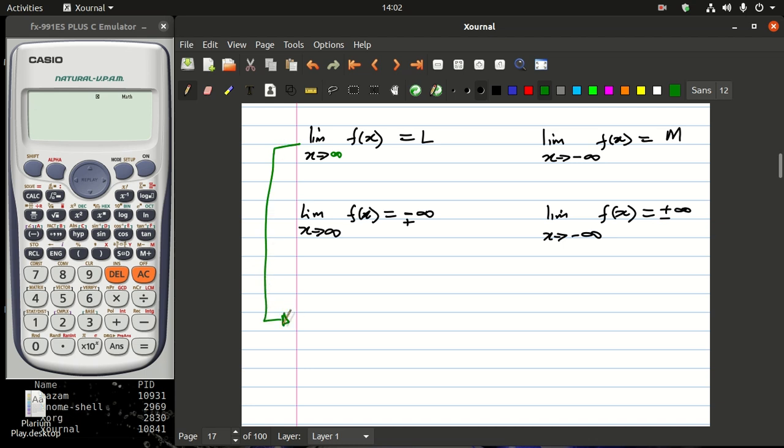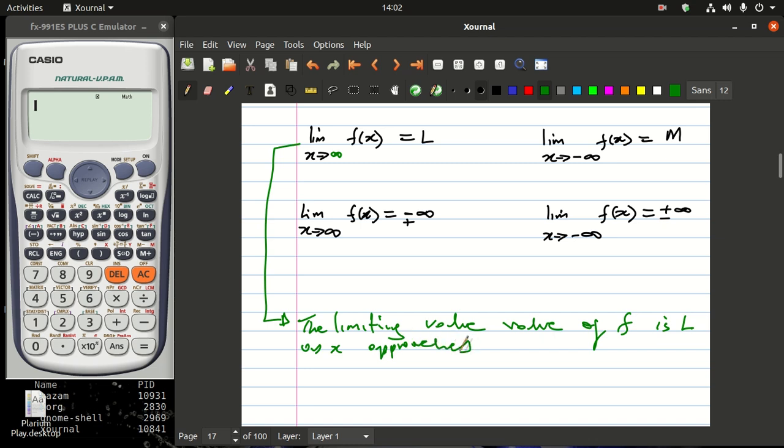So this one here is saying that we have the limiting value of f of x, or f, is L as x approaches infinity. So the limiting value of f is L as x approaches infinity.